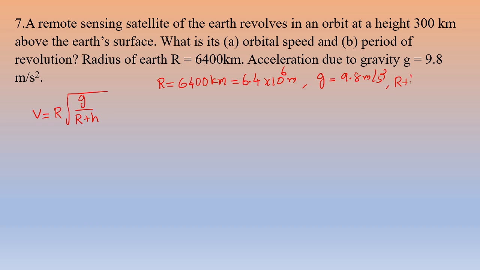So what is the value of r plus h? R plus h is equal to 6,700 kilometer. That is equal to 6.7 into 10 raised to 6 meter. Okay, so let us substitute the values.